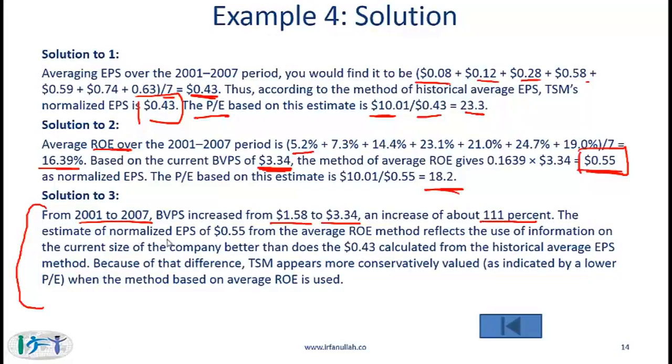The estimate of normalized EPS of 0.55, which we have over here, from the average ROE method reflects the use of information on the current size of the company better than does the 0.43, which is calculated using the historical average EPS method. Because of that difference, the company, TSM, appears to be more conservatively valued when the method based on average ROE is used.